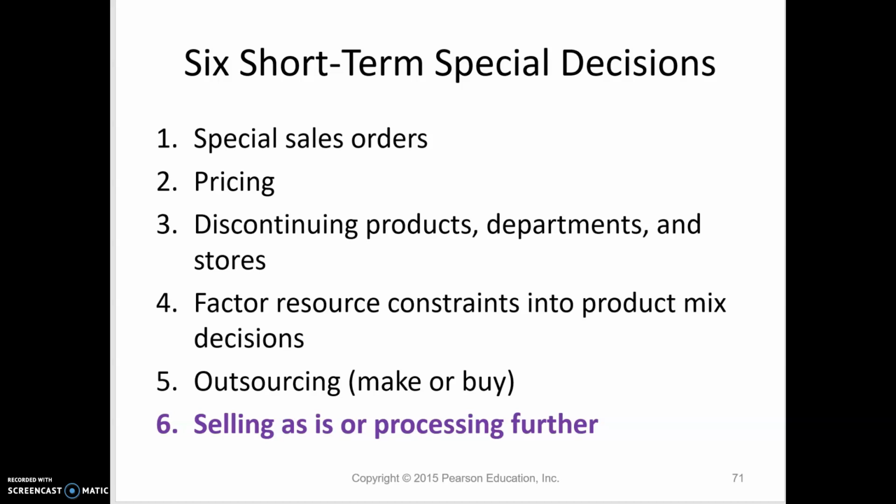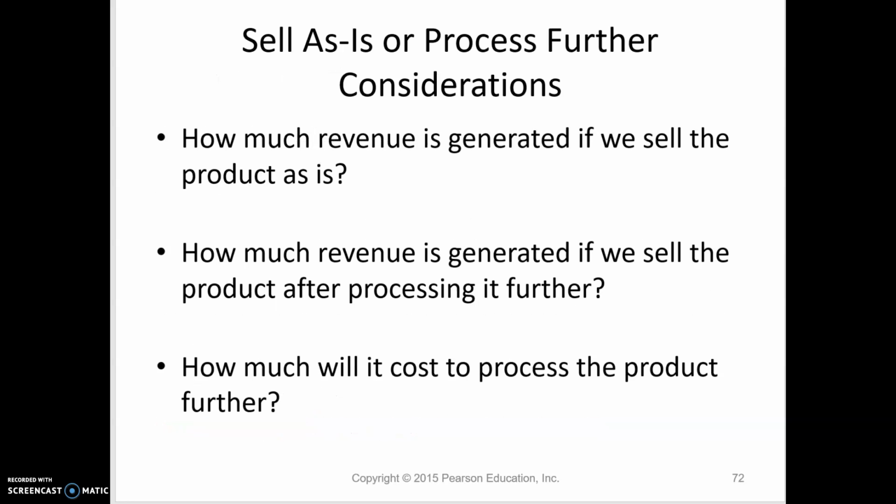And so the additional revenue they would get does not cover the costs of assembling it. Okay. So what we look at is how much revenue is generated if we sell the product as is, how much revenue is generated if we sell the product after processing it further, and how much it will cost to process the product further.